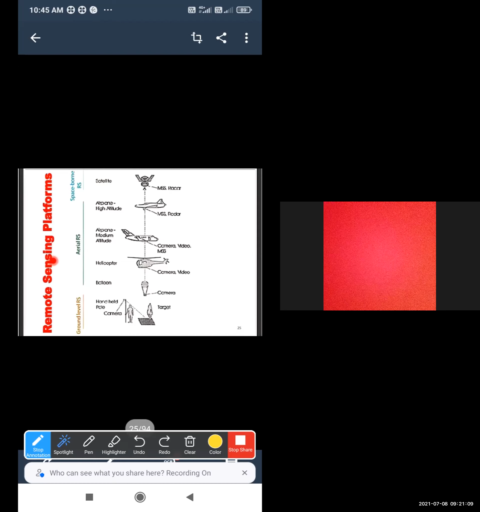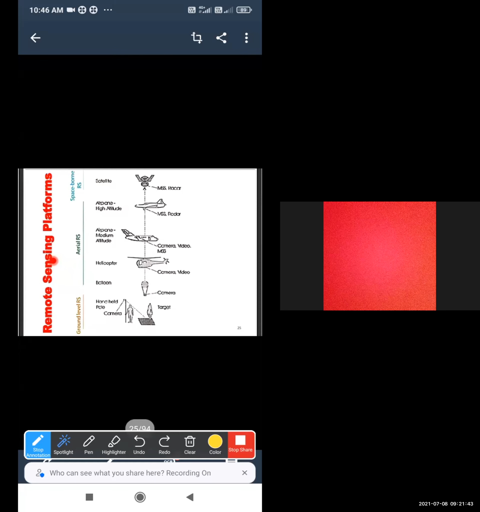At low altitude, either a balloon or a helicopter is used. But at high altitude, an aeroplane is used as the platform and the camera is fixed at the base of the airplane.